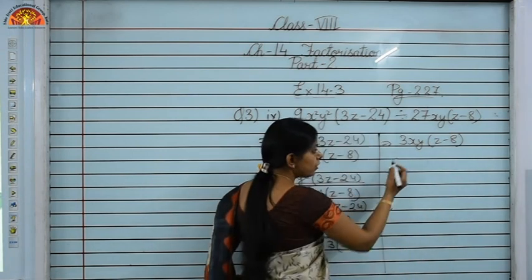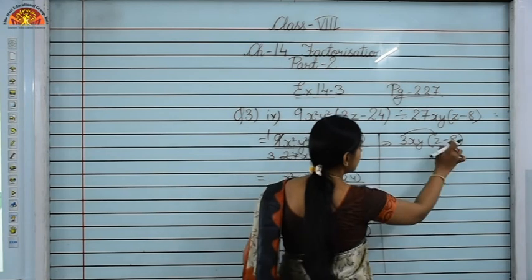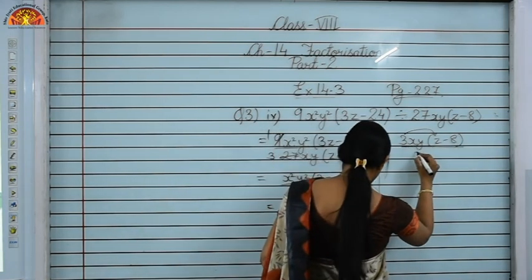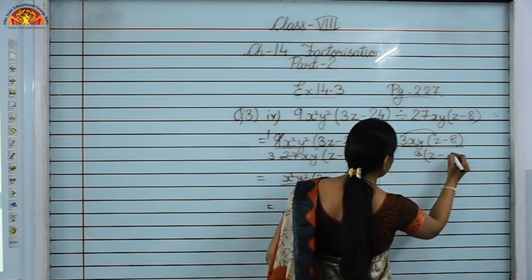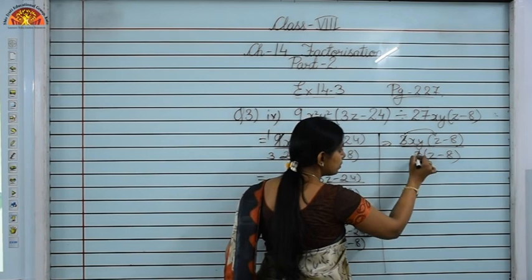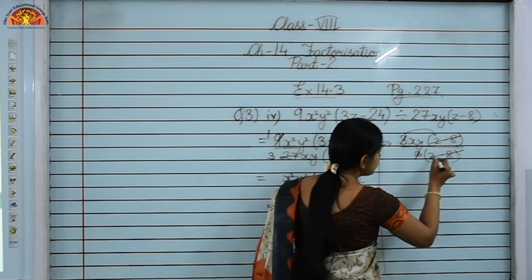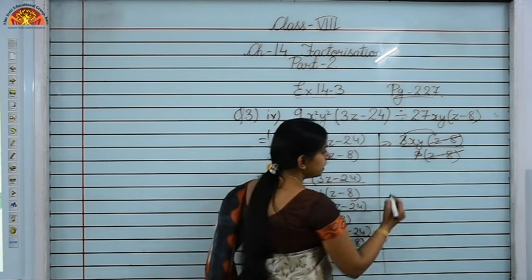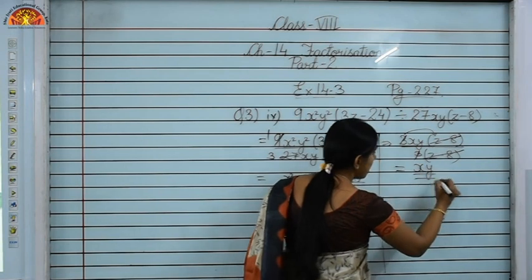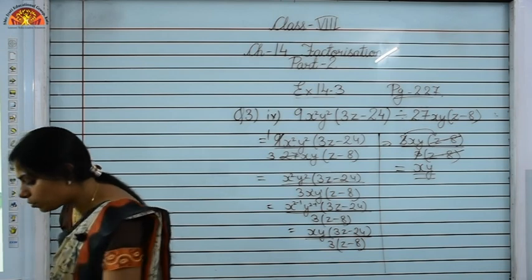When you carry out the multiplication, 3 into z, so it will come 3z, and 3 into 8, so it will be 24, upon 3 into z minus 8. So again you can see in the numerator and denominator it is 3 and 3, so it will be cut. Here also it is z minus 8 and here also it is z minus 8, so it will be cut. So your answer is xy. Now we'll just move to another question over here.